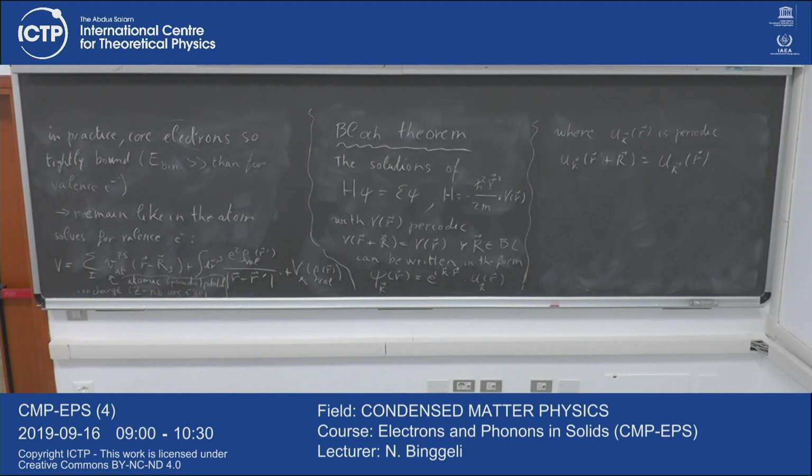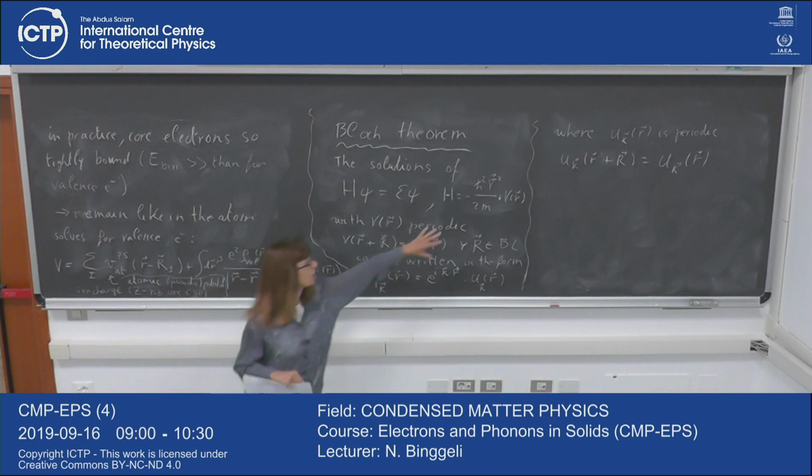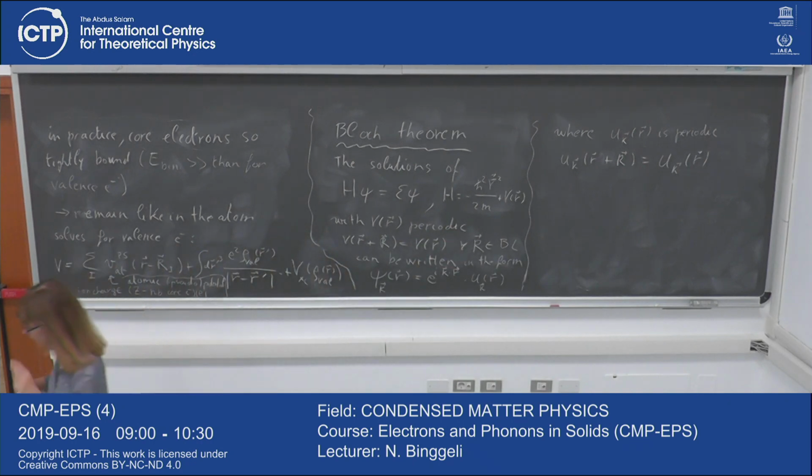You have even and odd states, and the Hamiltonian, or the crystal potential, is even. So this also is an example where the eigenstates don't have the full symmetry of the potential.